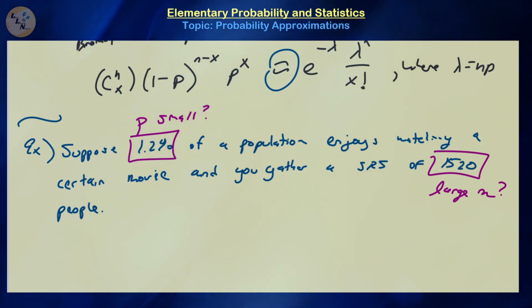But keep in mind, this is not technically infinity, right? It's only 1500. That's not 15 million. That's not 15 trillion. It's just 1500, right? And 1.2% is not 0.1% or 0.0005%. So this approximation may be very greedy or may be very off, right?